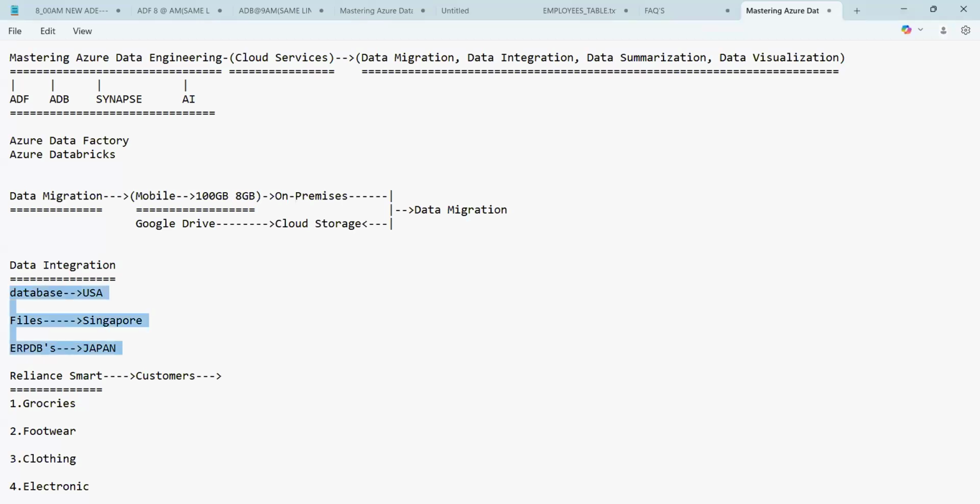Making it available for the user under one head, that job is called the data integration process.